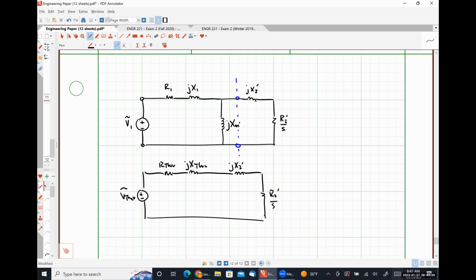It doesn't require computers or anything fancy, just good old Ohm's law, and we're good to go.